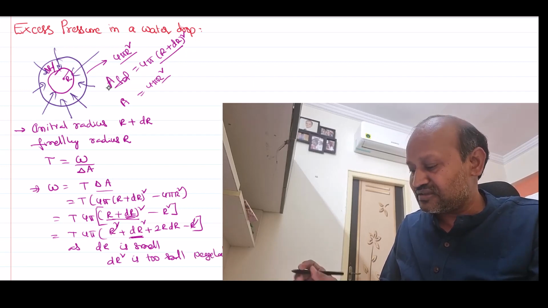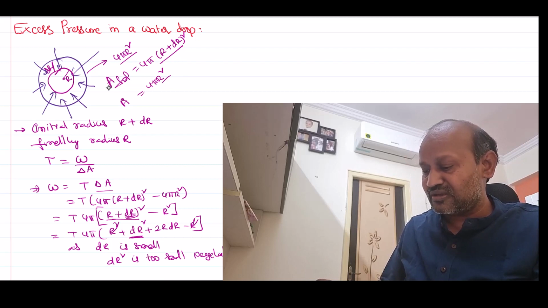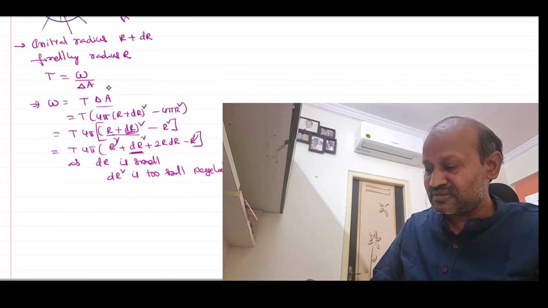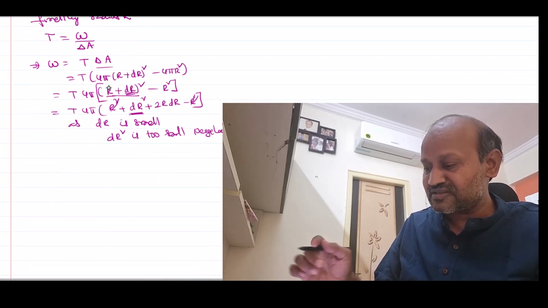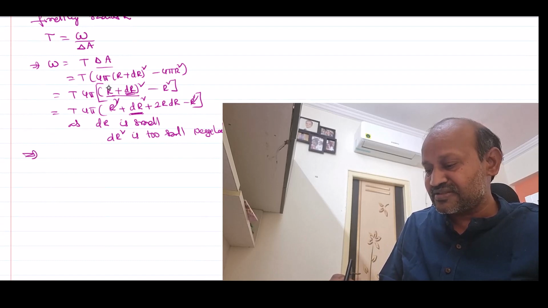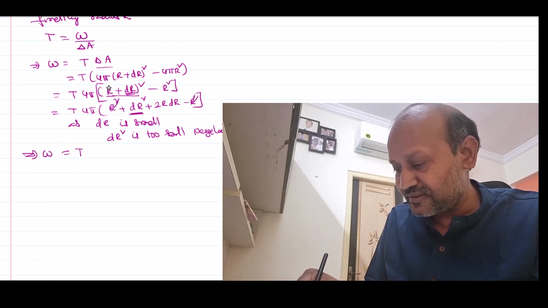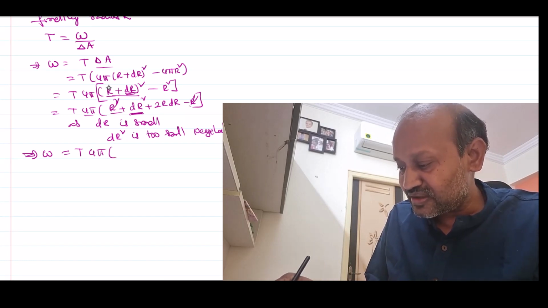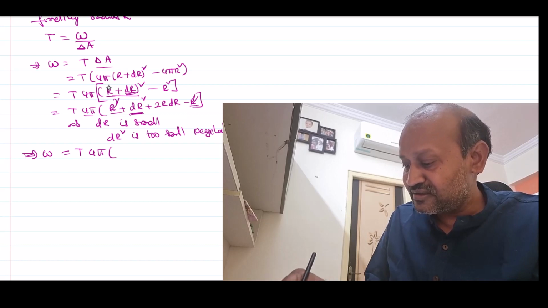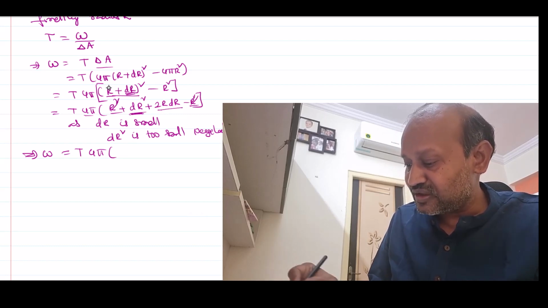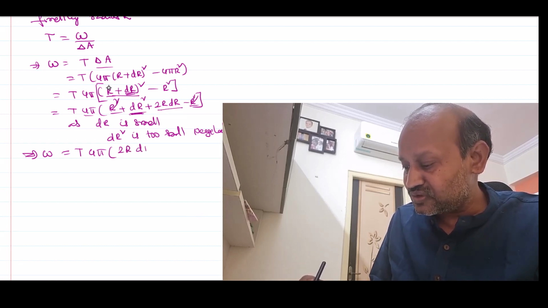If you neglect that dr square, I'm just scrolling the page up for writing further. That implies work done due to the surface tension is T 4 pi. This r square and this r square got cancelled, this dr square we have ignored. How much is that? It is 2r dr.